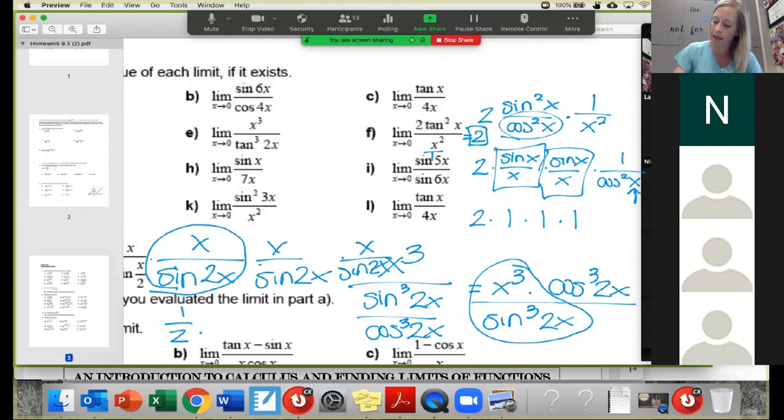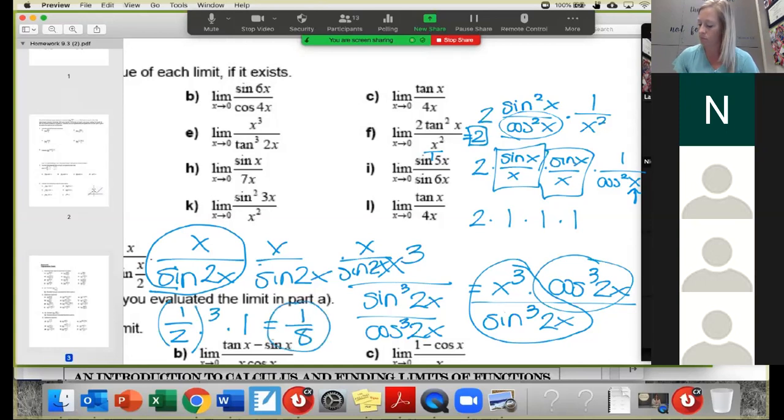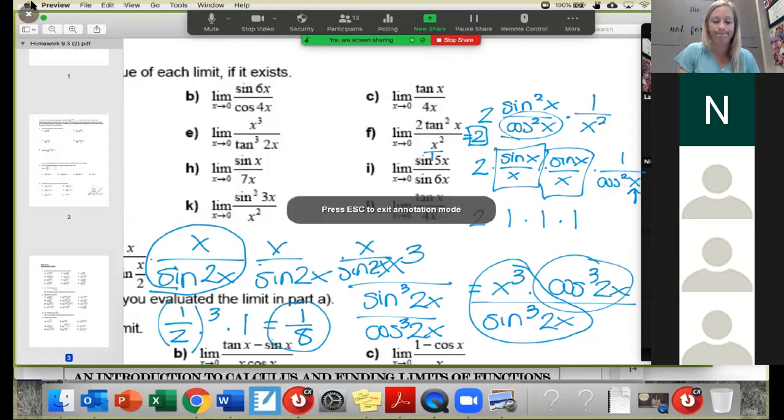So it's going to be 1/2 3 times, so I'm going to just go ahead and cube it. Now go back to this cosine of 2x. If I plug in 0 there, what's the cosine of 0? 1. 1 cubed is just 1. So my answer to part E is going to be 1/8. We'll cube all parts.